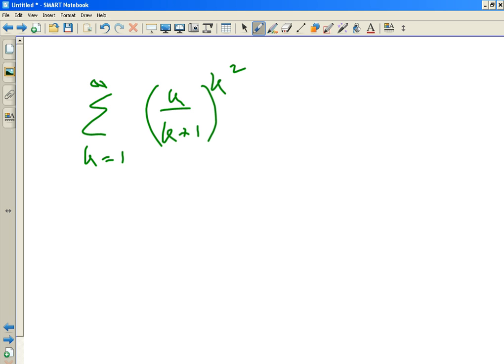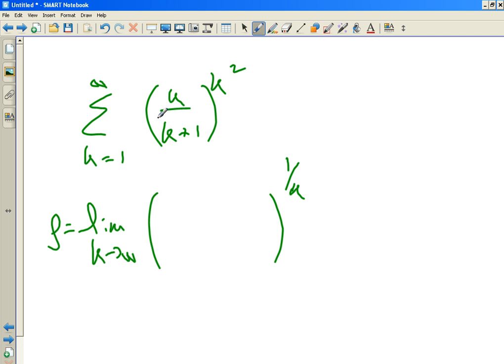Now the ratio test isn't going to do much for me, is it? Do you want to try the root test? Let's try the root test. Let rho equal the limit as k goes to infinity of the kth root of u sub k.